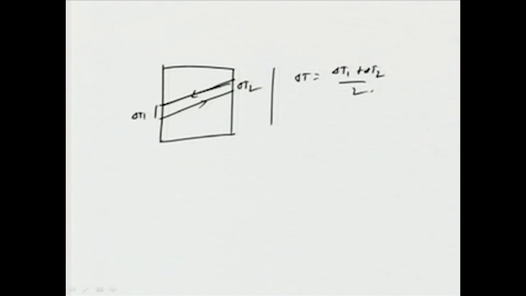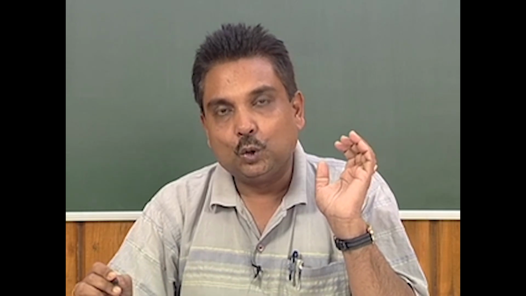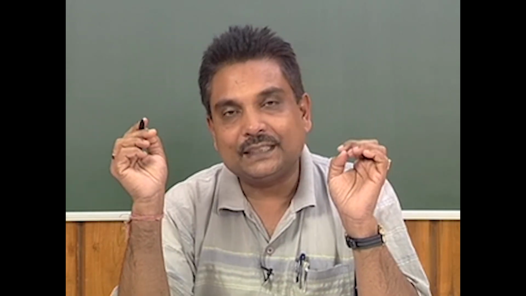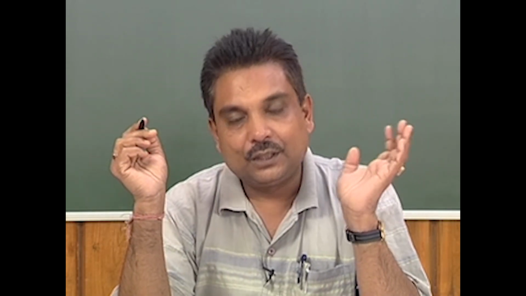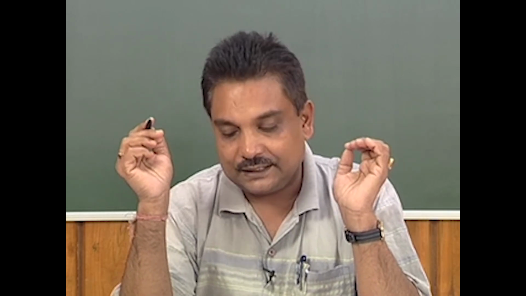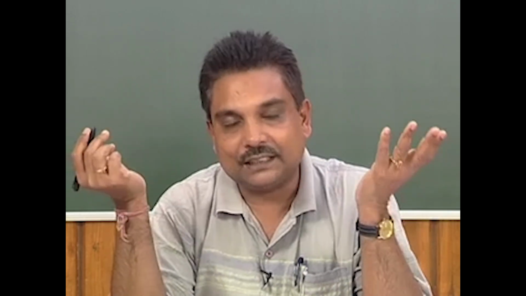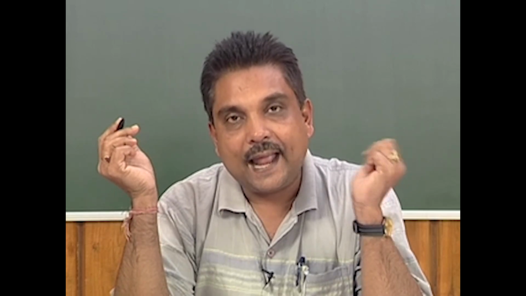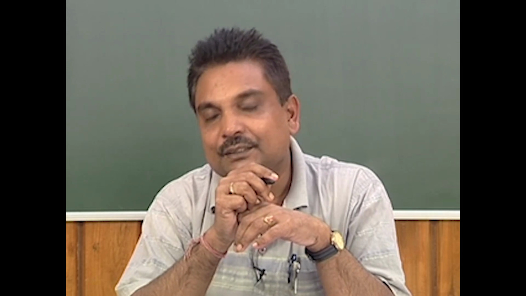A simple arithmetic mean we should use. So, we should use the arithmetic mean when there is a linear variation of the driving force. We should use the same driving force when there is no change in delta T, and the delta T is the same on both sides. And when there is a non-linear variation, then we should make use of the LMTD, or log mean temperature difference.